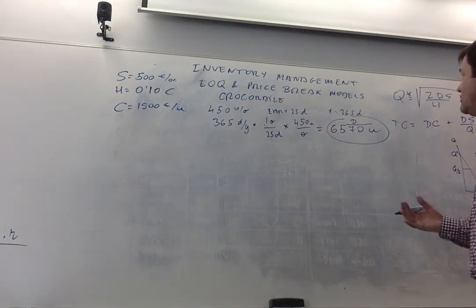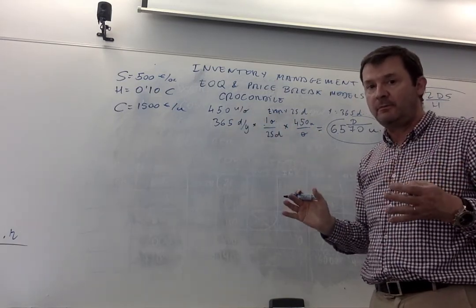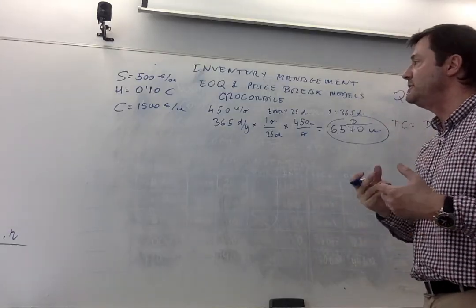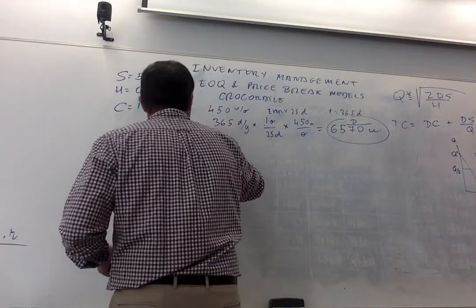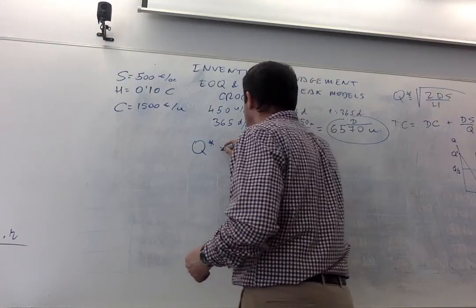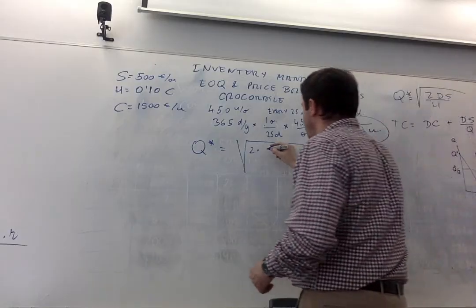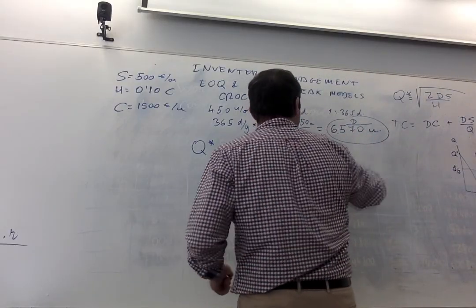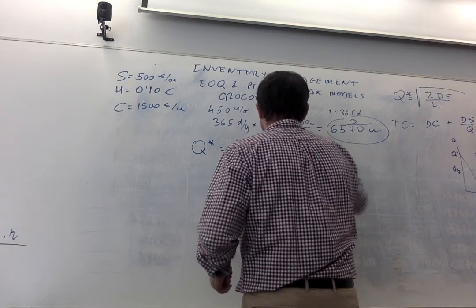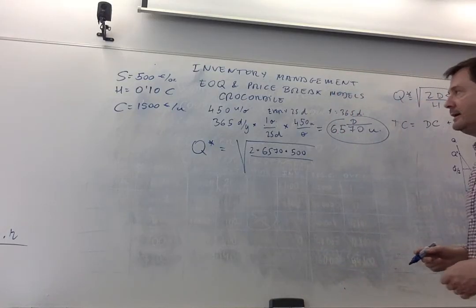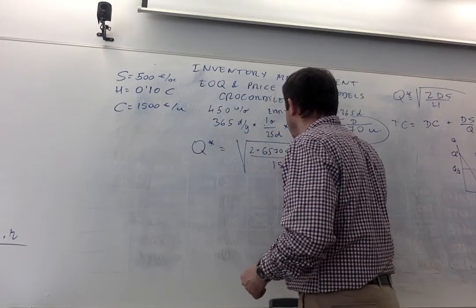The company is using this order size of 450, and we suspect that possibly it is not the optimal order size, and we want to know which is the optimal order size. So what we'll do is to use this equation: Q optimal equals the square root of 2 multiplied by the demand, 6,570, multiplied by S, 500, divided by H. And H is the 10% of the acquisition cost, so H is 150.